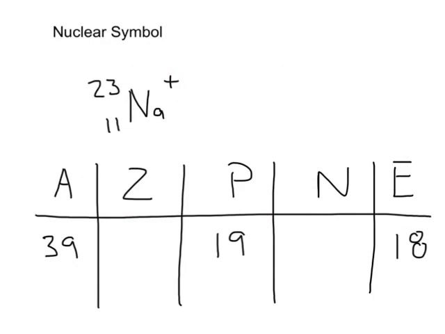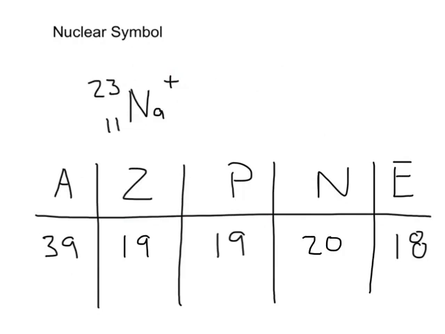Okay, now I've got a different arrangement here. I've given you protons, electrons, and mass number. So my protons, that is the same as the atomic number, and my number of neutrons, again, I'll find that by doing mass number minus my number of protons. So that's going to be 39 minus 19, which is 20.